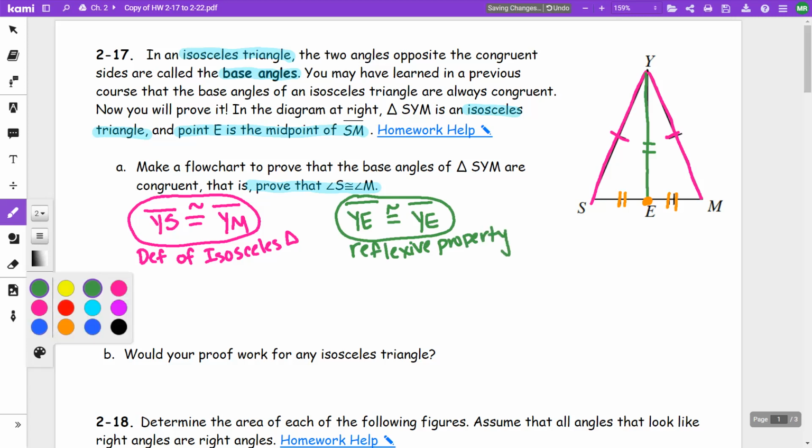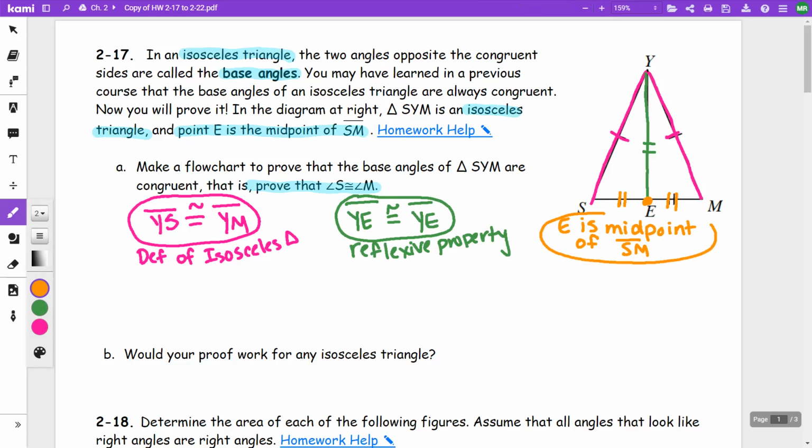Then I was given that E is the midpoint of SM. Okay, and that's going to be given.